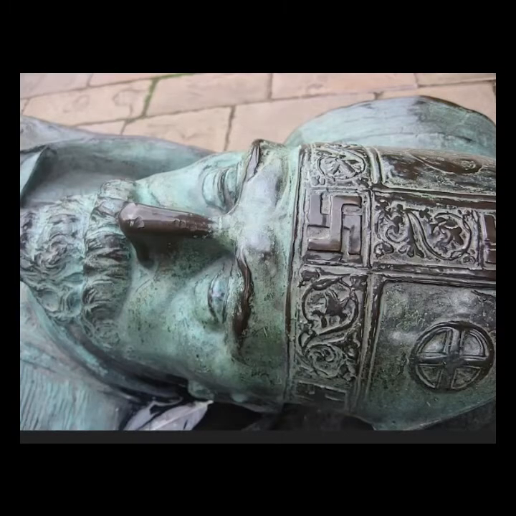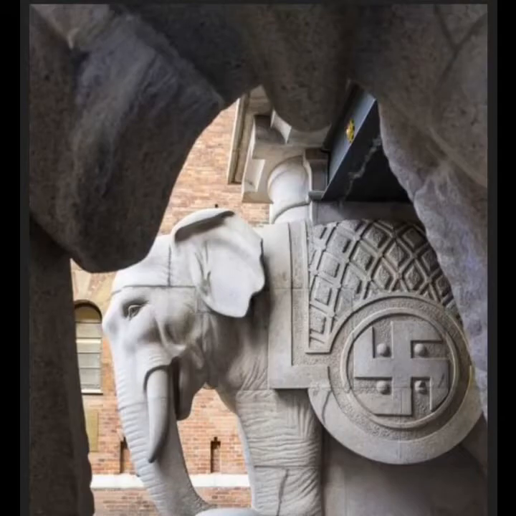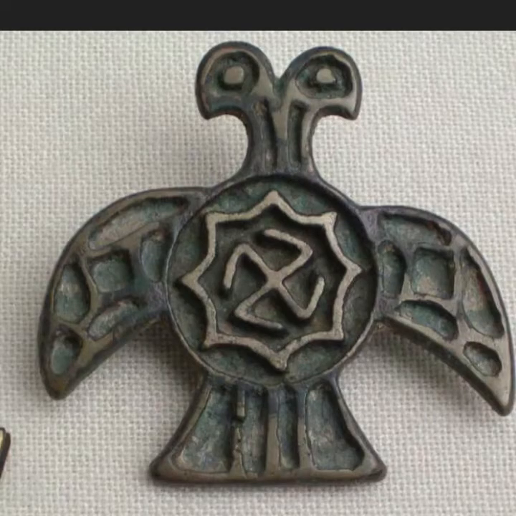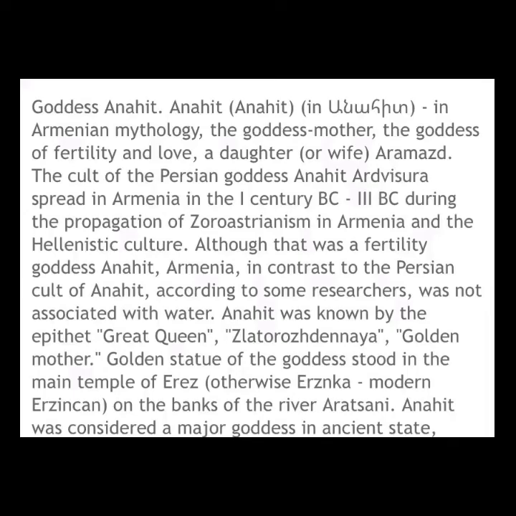So in Armenia, Anahit is the mother, the goddess of fertility and love, the daughter of Ahura Mazda. And when you read about her being the great queen, she's really about bringing back to life that which was dead. This includes knowledge and our transcendence, growing our spirit.